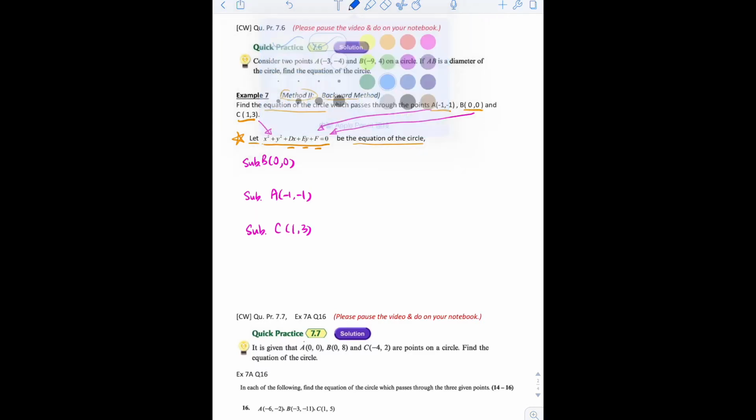Here, for the first one, we choose to substitute B (0, 0) first, because you can see after we substitute 0, 0 into x and y respectively, then D and E will be eliminated, and then you can find the value of F is equal to 0.